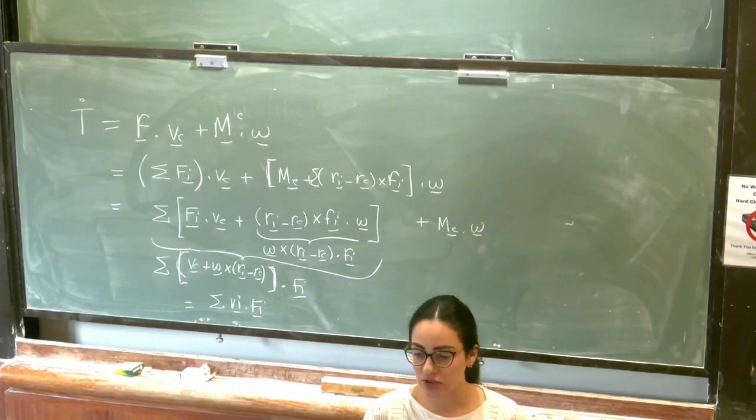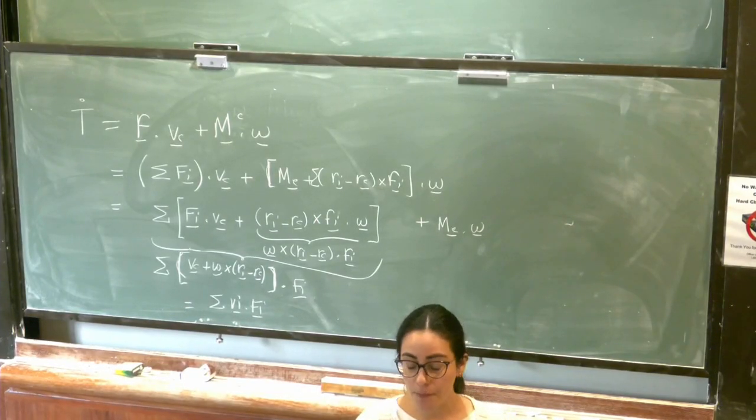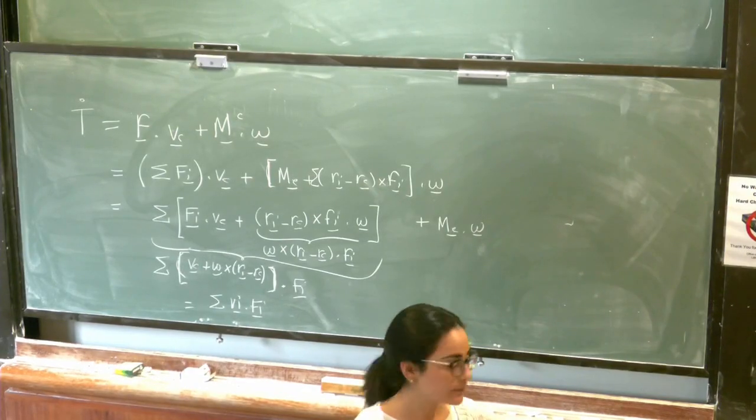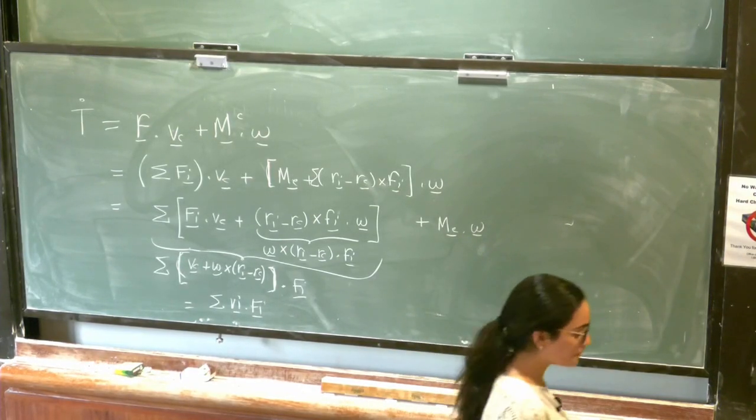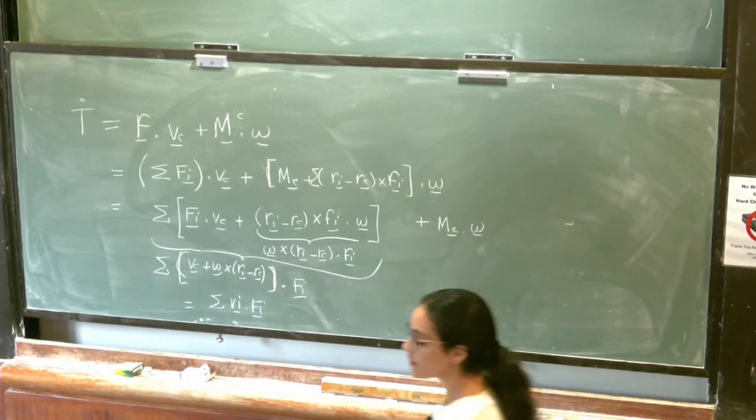And the work of a couple moment is the integral of M dot omega dt. Deal? We'll try to do a problem right now with whatever time we have left, and you'll do more problems in the discussion section tomorrow.